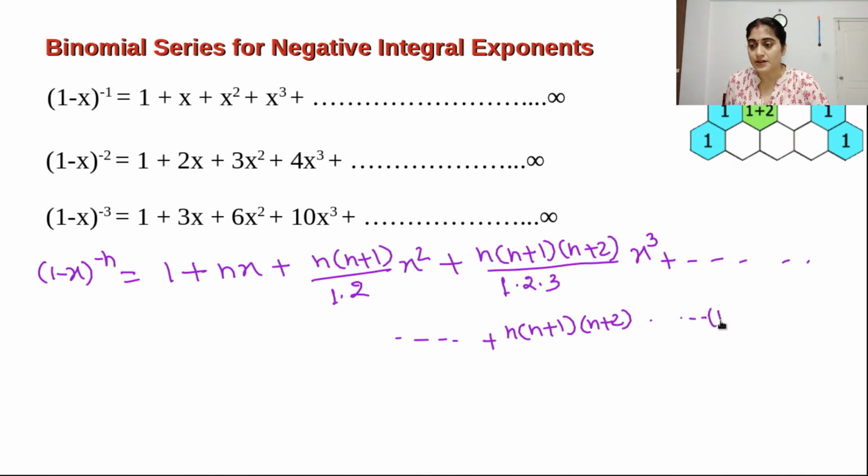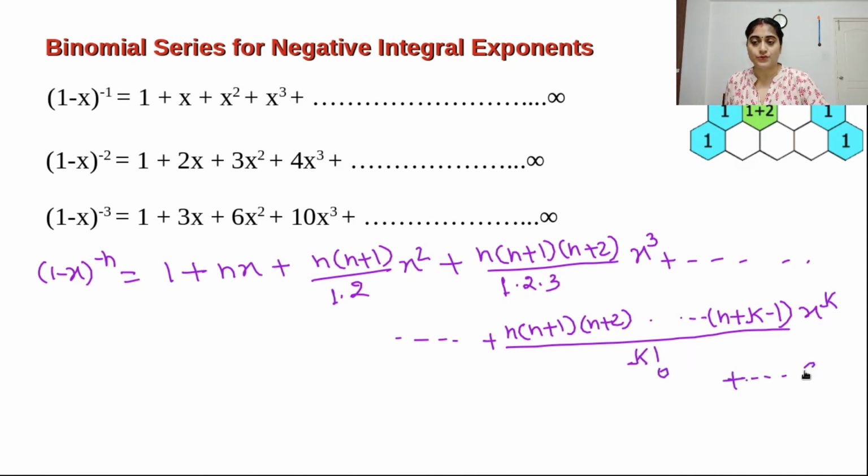So n plus k minus 1 times x to the power of k, divided by, just as factorial 3 is there for cube, it is k factorial. It keeps on increasing up to infinity, but I have seen the partial sum of k terms of this series. So this is the generalized form of this for the negative integer power up to n.